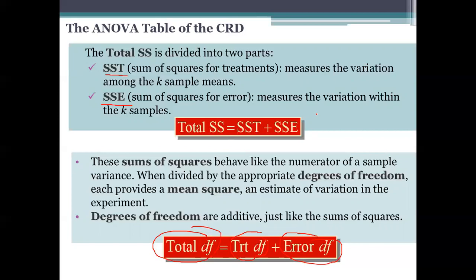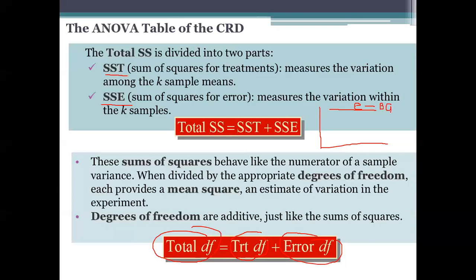So I want to remind you that in the F table, they are going to give you two conditions. At the top is the degree of freedom of the numerator, which refers to the degree of freedom between groups.